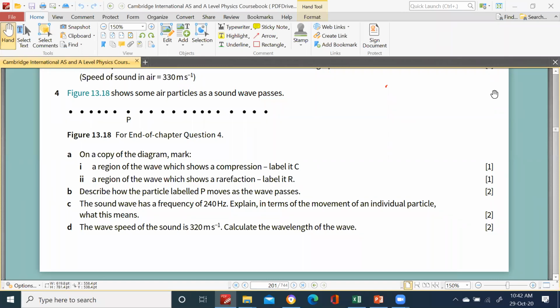It says on a copy of the diagram, mark a region of the wave which shows a compression labelled C. Can you see it? Yes, please. I think that's where it is. Then part 2, it says a region of the wave that shows a rarefaction.